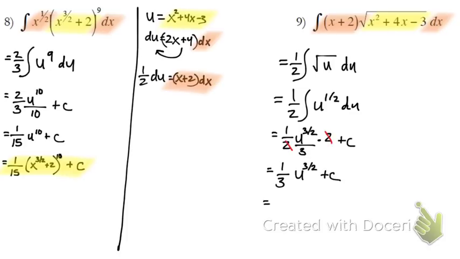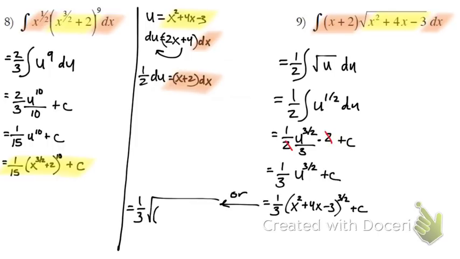If I plug in what u is equal to again, I get 1/3 times x squared plus 4x minus 3 to the 3/2 plus c. And then last but not least, you can leave it like that, or, and I'll write it over here, or if you want to write it as 1/3 times the square root of x squared plus 4x minus 3 cubed plus c. Either one of those would be a correct answer.